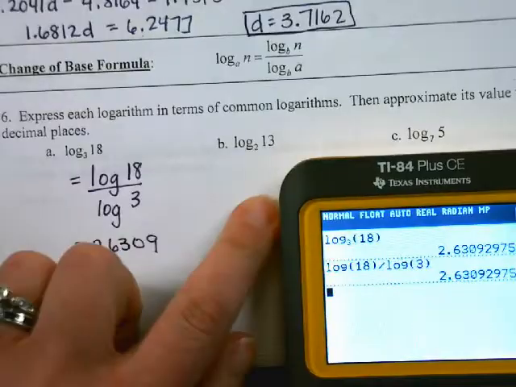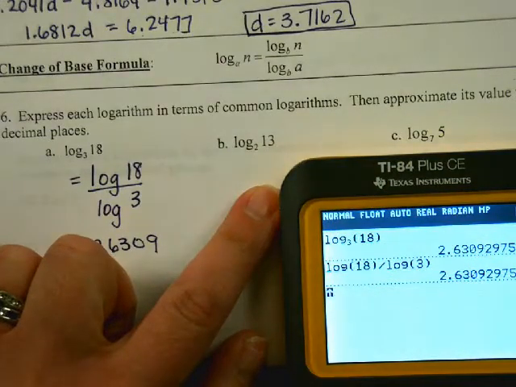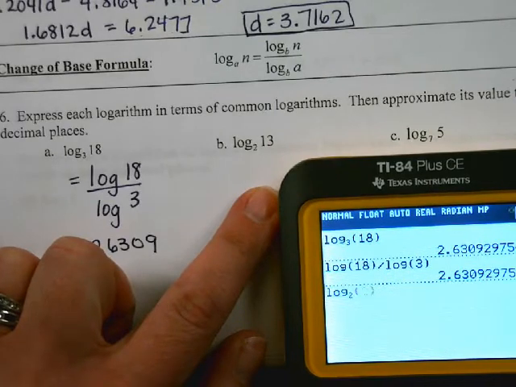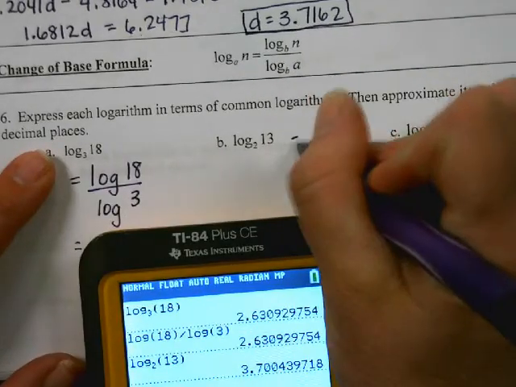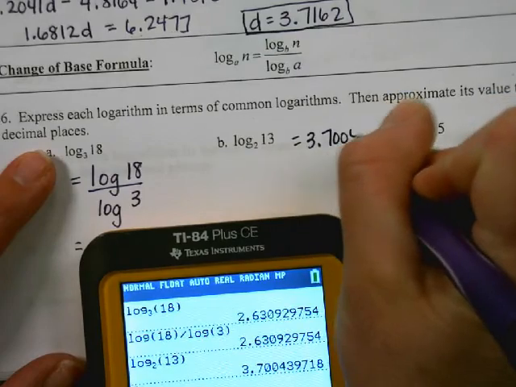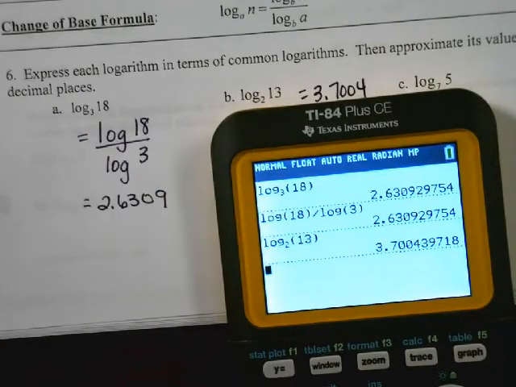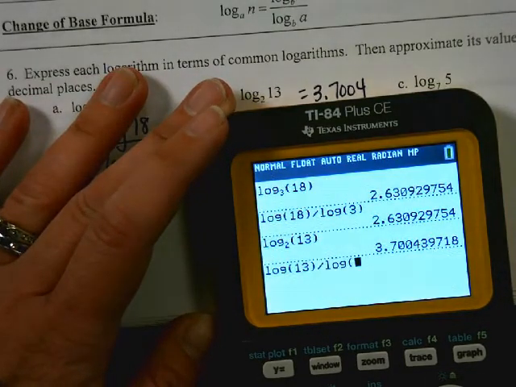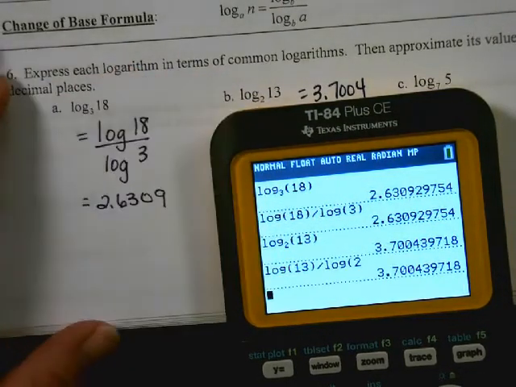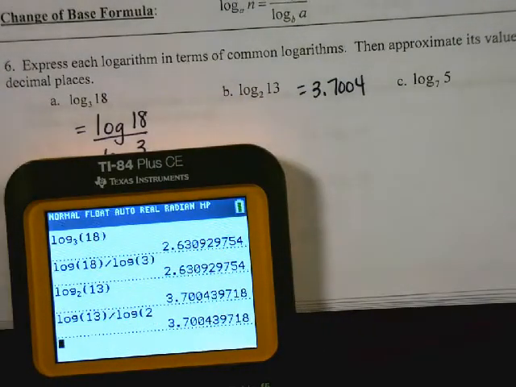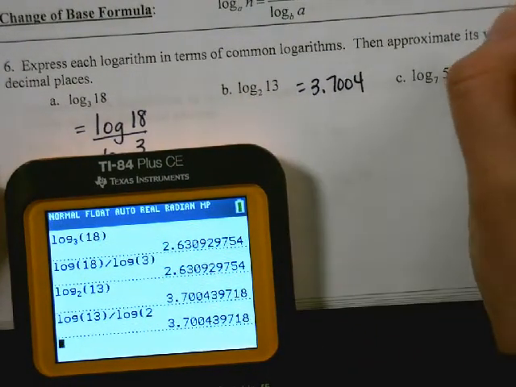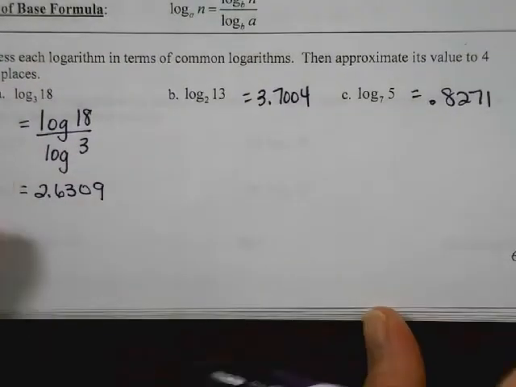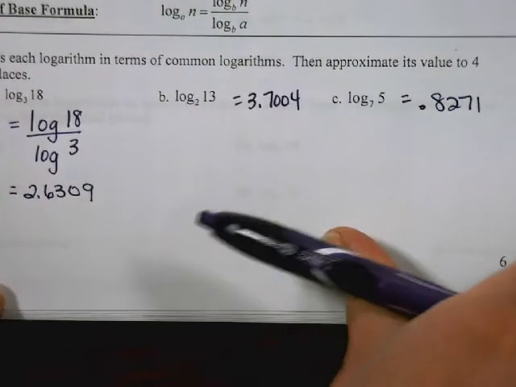Again, the two different methods. Log base 2 of 13 is 3.7004, or if you don't have that, log 13, close your parentheses, divided by log 2. And then the last one, you should get 0.8271. Sound good?